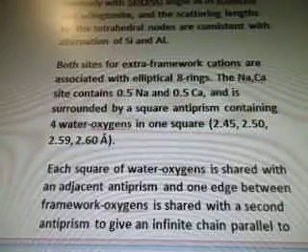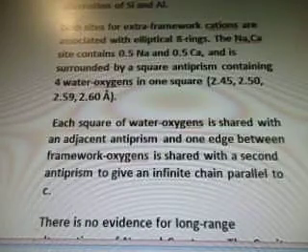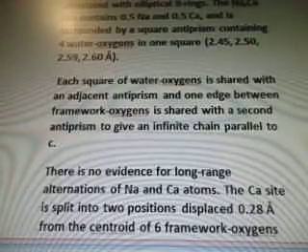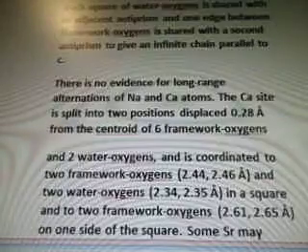The NaCa site contains 0.5 Na and 0.5 Ca, is surrounded by a square antiprism containing 4 water oxygens and 1 square. So each square of water oxygen is shared with an adjacent antiprism, and one edge between framework oxygens is shared with a second antiprism to give an infinite chain parallel to C.